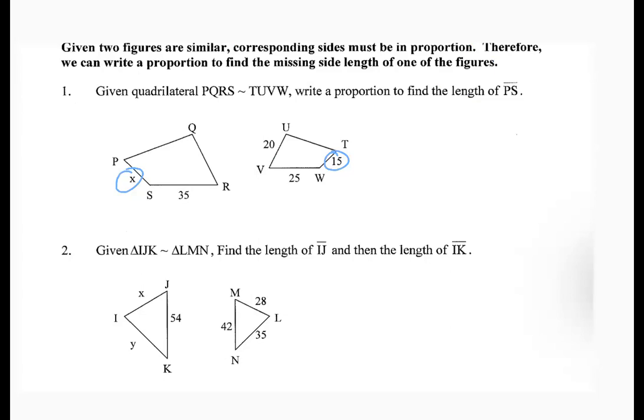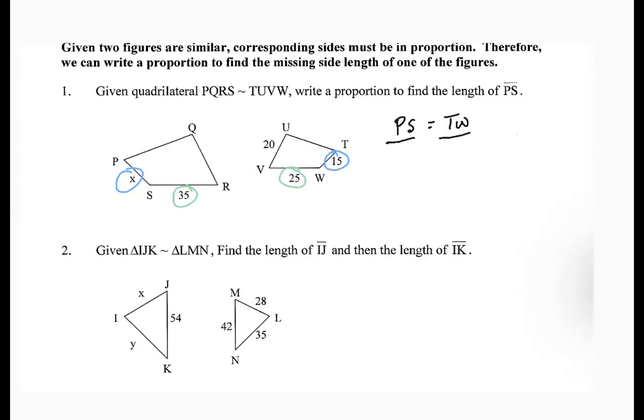So I write my ratio of what I'm comparing. PS is equal to TW, and then SR is equal to VW.